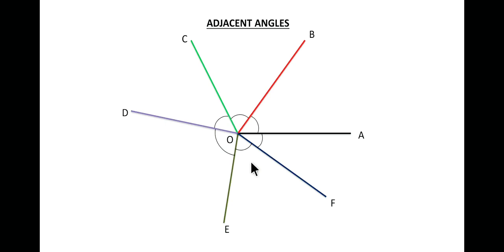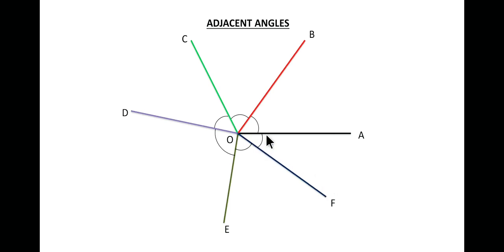These 6 angles, the angles which are close to each other, like for angle AOB, this angle and this angle are next to each other. The immediate next of angle AOB is angle COB or angle AOF.